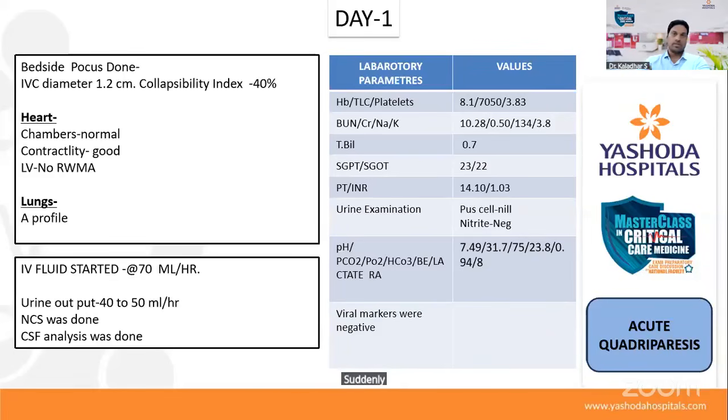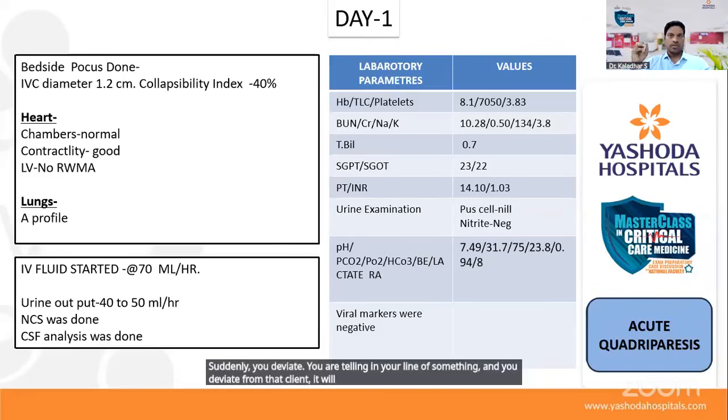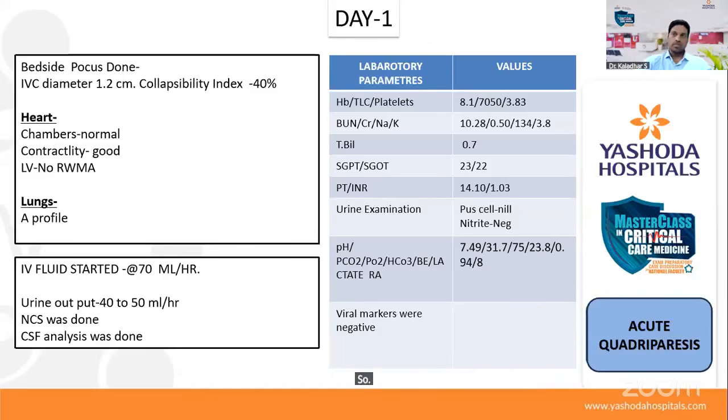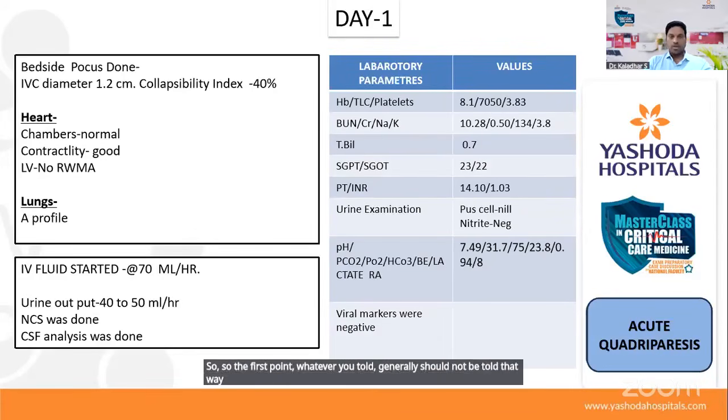Suddenly you deviate from your line, and it will go somewhere else. So what is happening with the patient and what is in your mind when you are sending that investigation is very, very important. So the first point, whatever you told, generally should not be told that way. So, albuminocytological dissociation is what you look for.